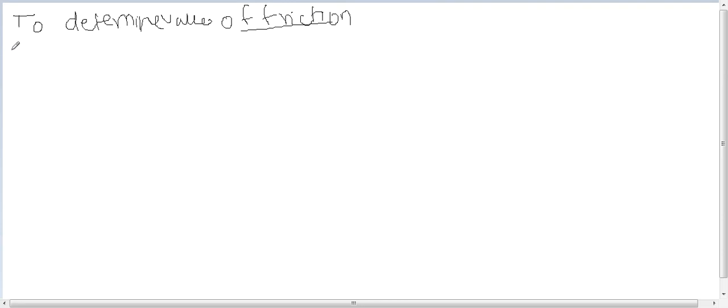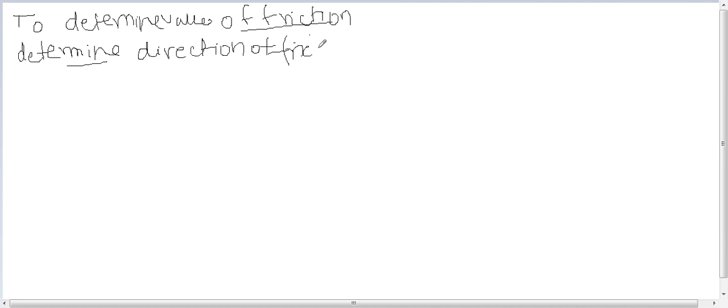So we have to determine the direction of friction. So we have to determine what should be the direction of friction.